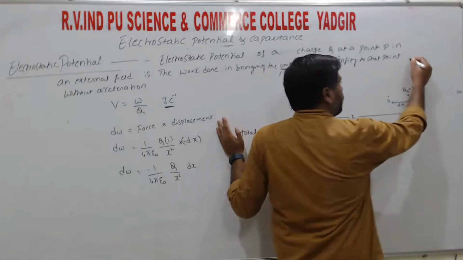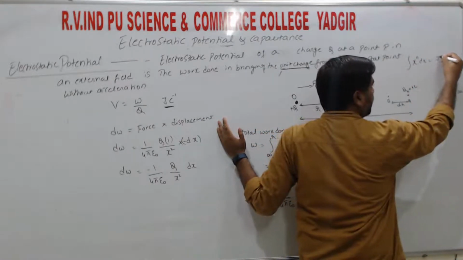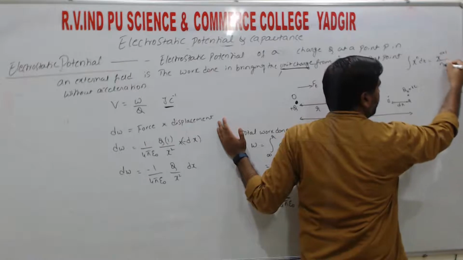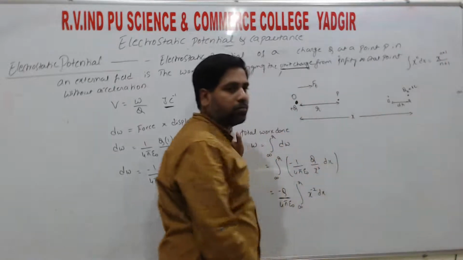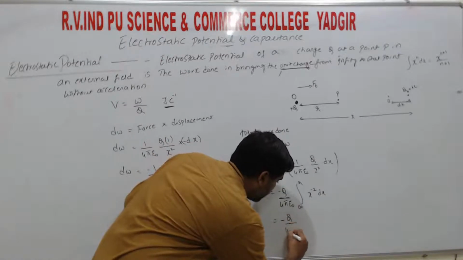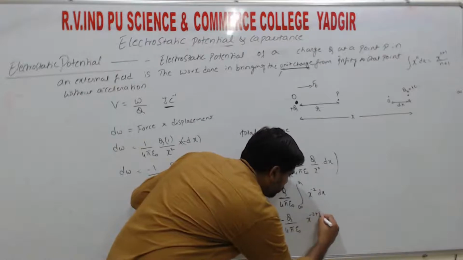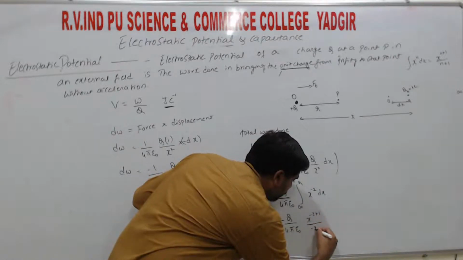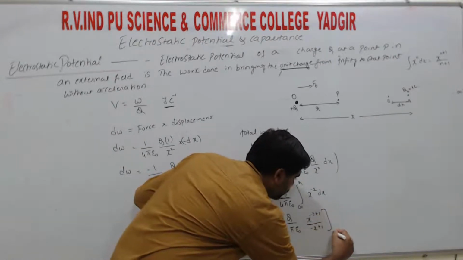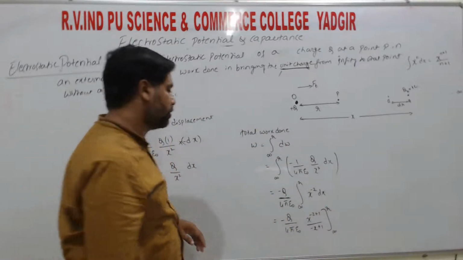So we know integration of x power n dx is equal to x power n plus 1 divided by n plus 1. So now applying here, minus q divided by 4 pi epsilon naught, x to the power of minus 2 plus 1 divided by minus 2 plus 1, limit infinity to r, right?